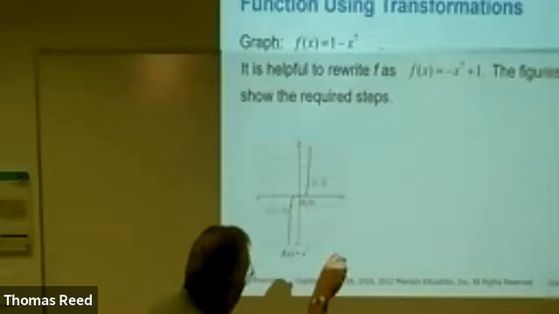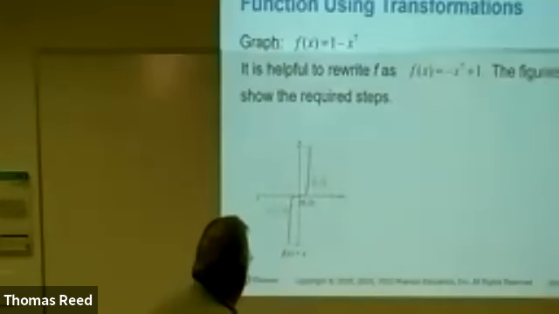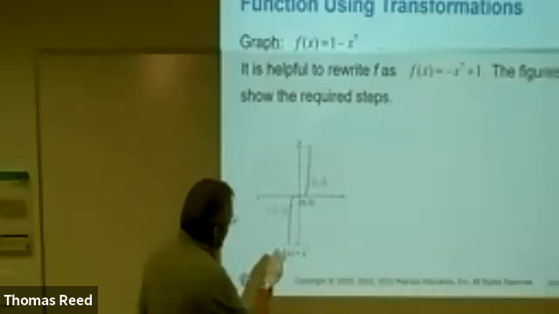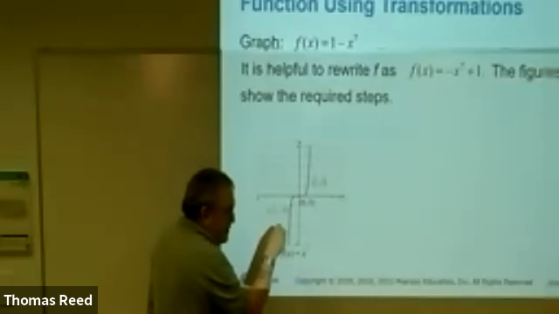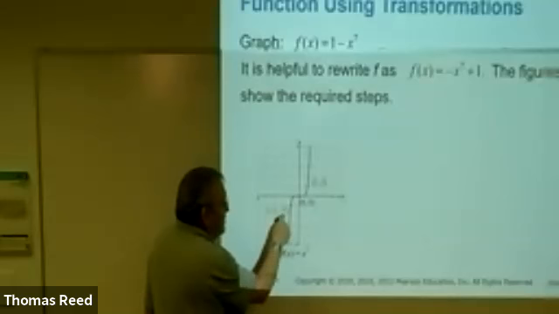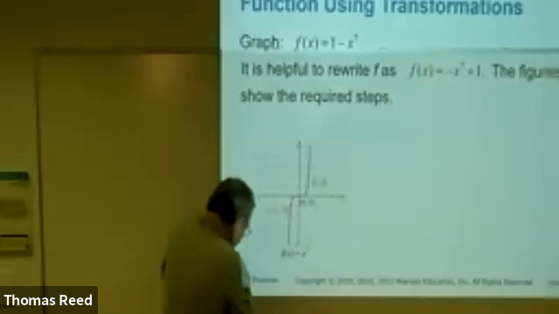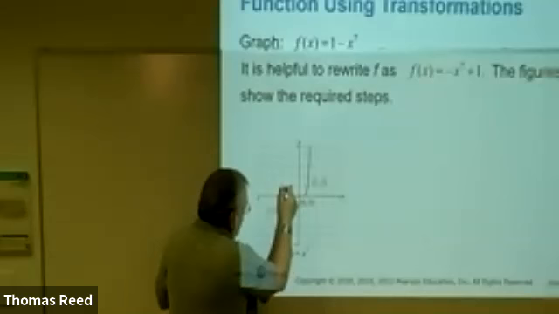Now, this negative sign here means I'm changing the y values of x to the 7th. So the sign on this y value gets changed. This -1, the y value -1 becomes a positive 1. So this point here got moved up to here because I multiplied my y value by a -1.